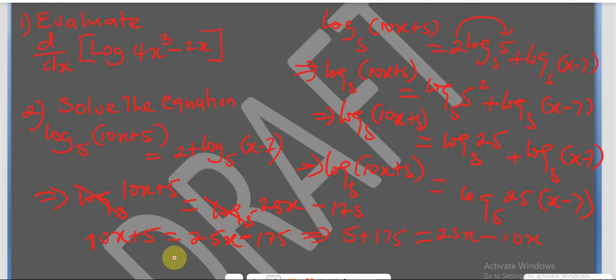So this is the same thing as 5 plus 175, which is 180, equal to 25x minus 10x. That's going to give me 15x. For me to get the value of x, I will divide across by 15. That is 180 divided by 15, which will give me 12. So the value of x here is 12.